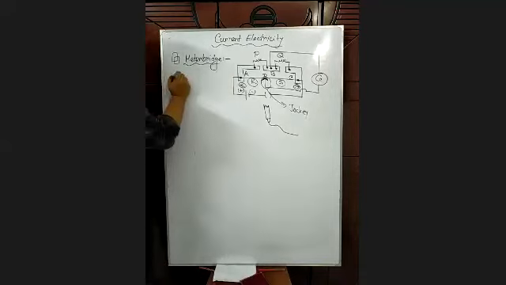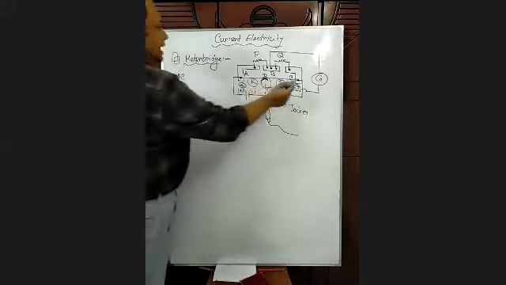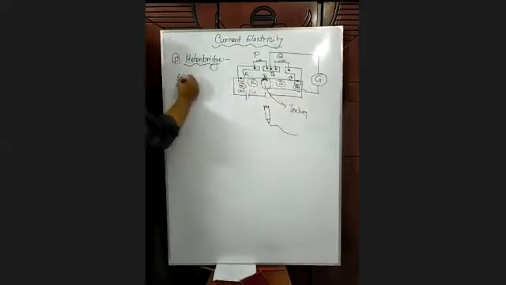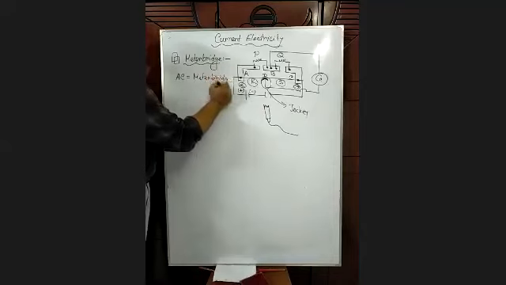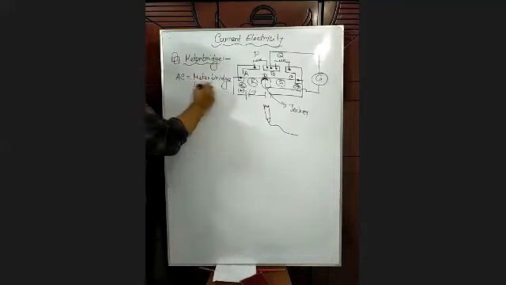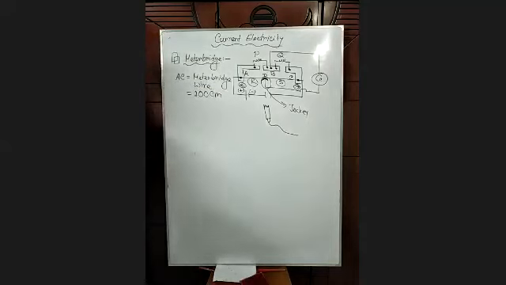Let's start with AC. If I say AC is the meter bridge wire, and it can be said as 1 meter or 100 centimeters. So here AC is the meter bridge wire, which is 100 centimeters.